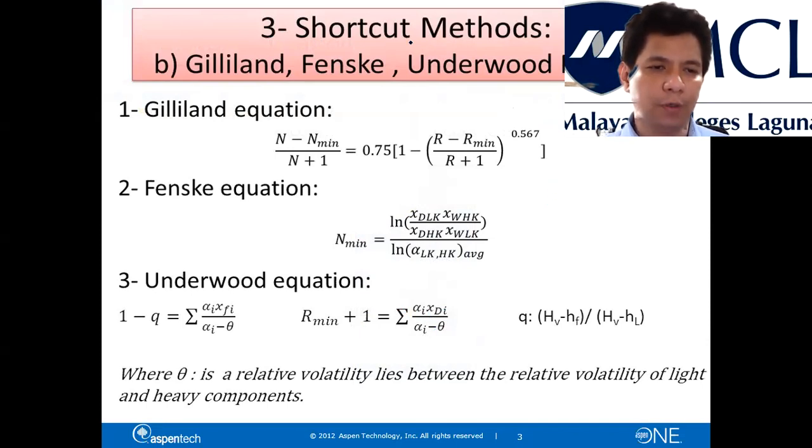So F stands for Fenske equation. If you still remember, using the Fenske equation, you'll be able to calculate the minimum number of stages. As you can see, it uses XDLK. LK stands for light key, or the more volatile component.